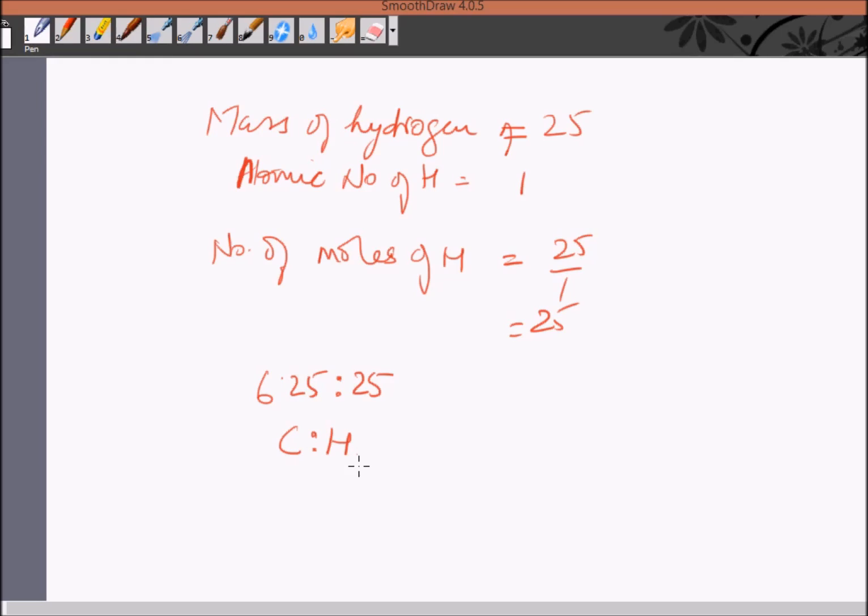Here the number of carbon atoms in the formula of a compound cannot remain fractional, because only whole numbers of atoms of various types are present in the compound. So we should convert the fractional number of carbon atoms into a whole number. We simplify this by dividing both sides by the smallest figure, which is 6.25.